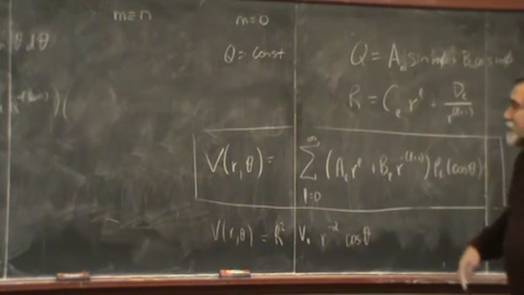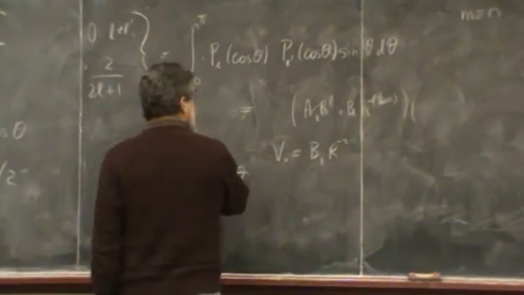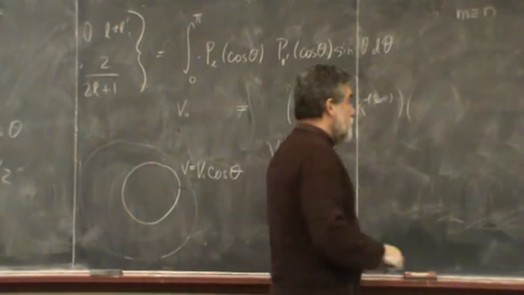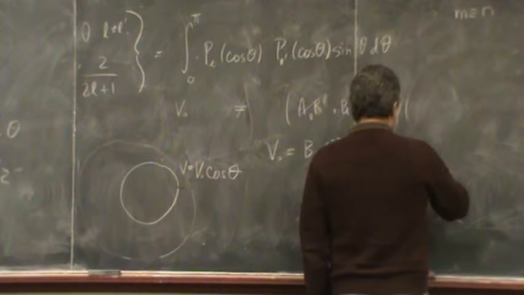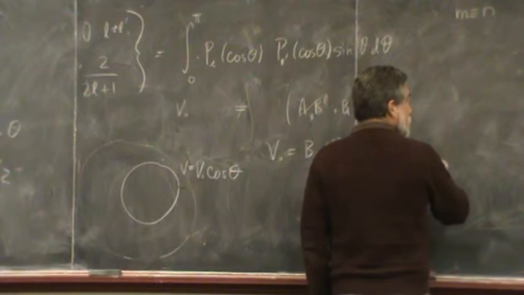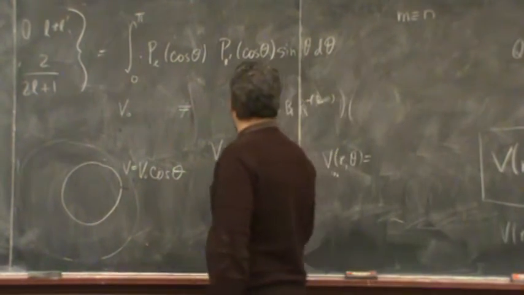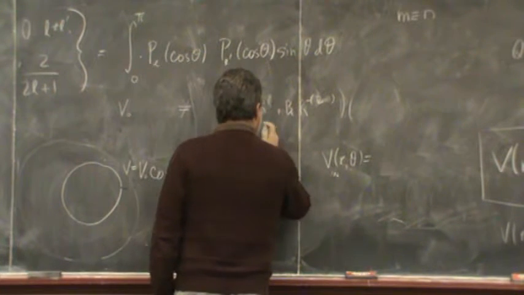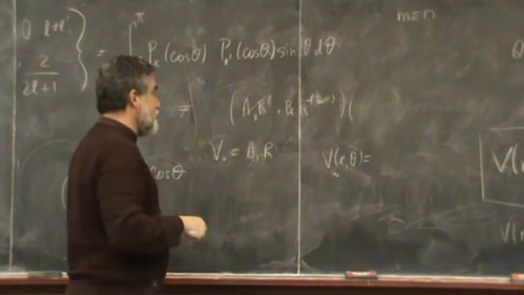On the inside, if I wanted to solve, and I could, since I've specified it on this surface here, my solution would look like V of R theta inside is equal to A1, and A1 R is equal to V0.